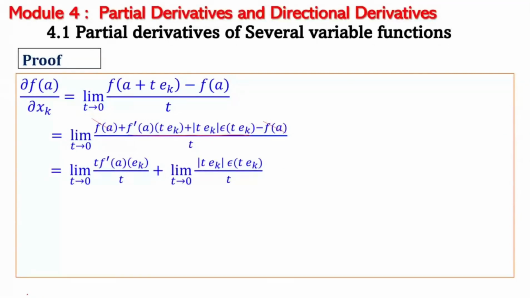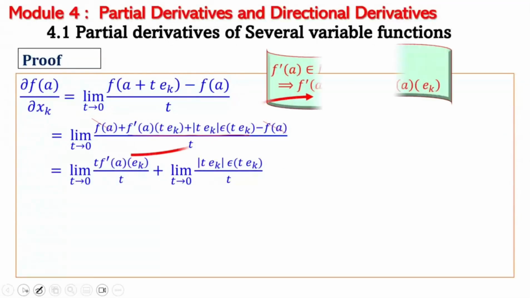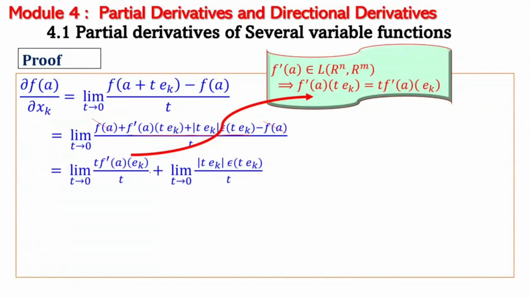Now we'll see how the limit will look like. Where is this part coming from, t f'(a) e_k? How can we convert this as t f'(a) e_k over t? f'(a) is linear from Rn to Rm, so f'(a)(t e_k), this t can be taken out, so you will get t f'(a) operating on e_k.